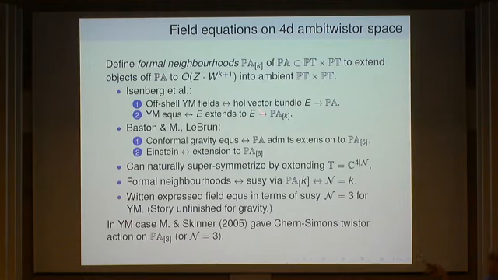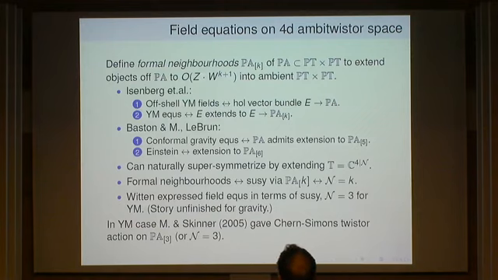so how do you understand field equations? Well, in 4 dimensions, we've got this picture whereby the ambitwistor space is a... So one way that you would say it is that we have this PT star, and you think of ambitwistor space as being some big quadric z dot w equals 0 inside PT cross PT star.